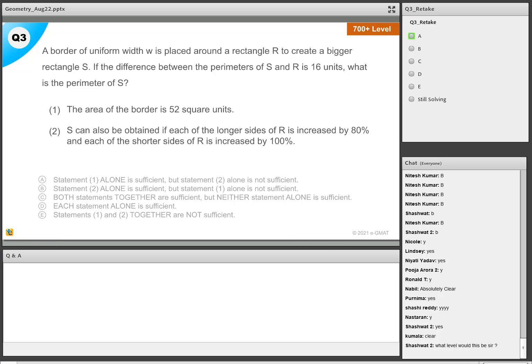All right, last 5 seconds to mark the answer, guys. Not marked it, please do so. 3, 2, and 1. Okay, I'm going to end the poll and broadcast the results.